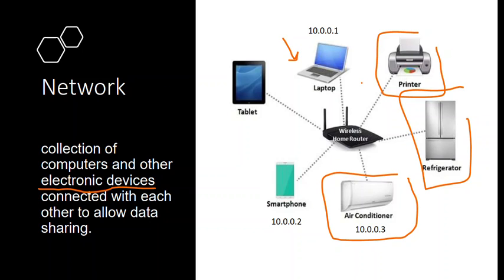Now, assuming that this laptop wants to print out a document, it will communicate through this router with the printer, right? It will send the Word document that it wants to be printed out by this printer, right? So as you can see, the devices are sharing their resources. The printer can print documents and the laptop can create the documents and process them, right?